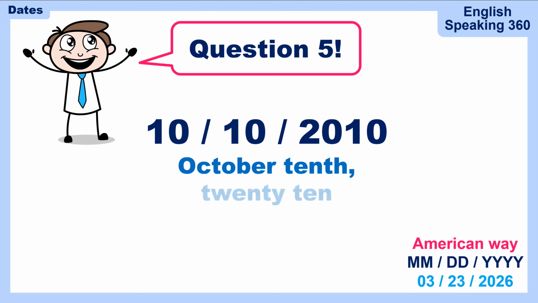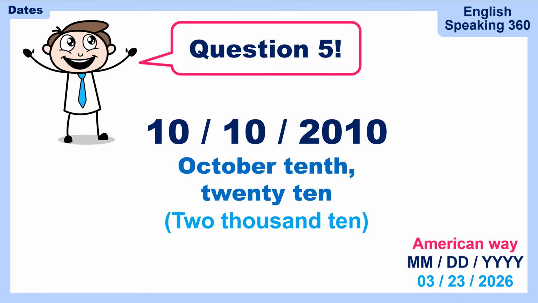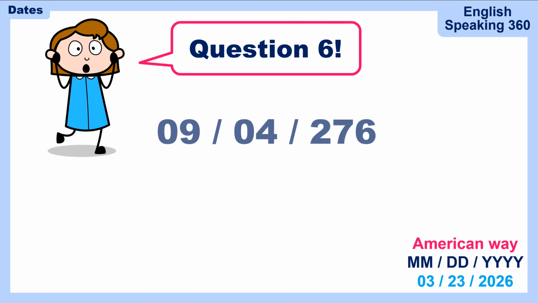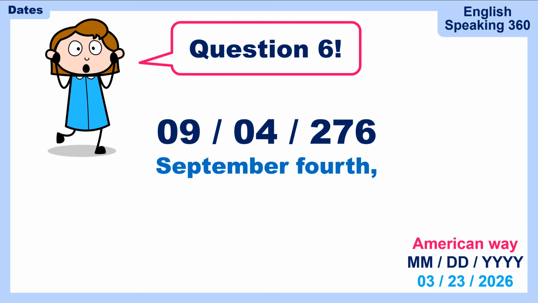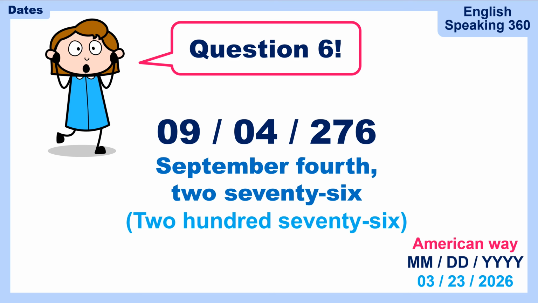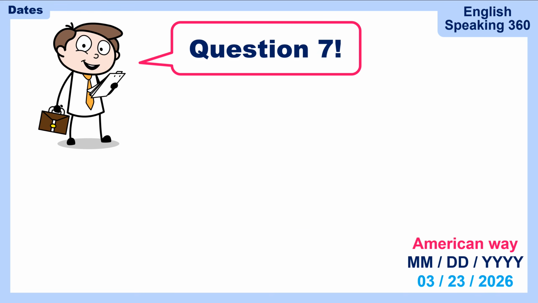October 10th, 2010. Or 2010. Question 6. This one is a little strange, right? Remember, it could be like a historical date. So you would say September 4th, 276 is okay, but you could also say 276.